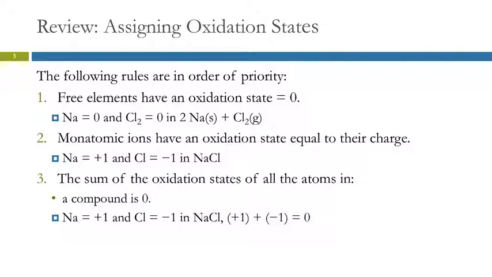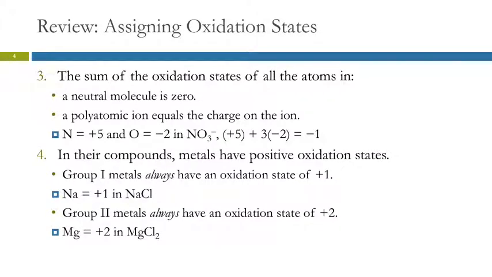Reviewing oxidation states, free elements have oxidation states of 0. For monatomic ions, the oxidation state is the charge on the ion. If we have a compound, all of the oxidation states have to add up to 0 because the charge on the molecule or formula unit is 0. If we have a neutral molecule, that's 0.